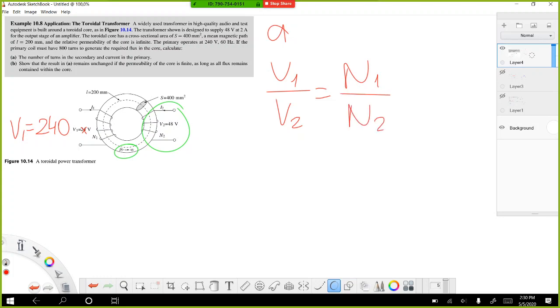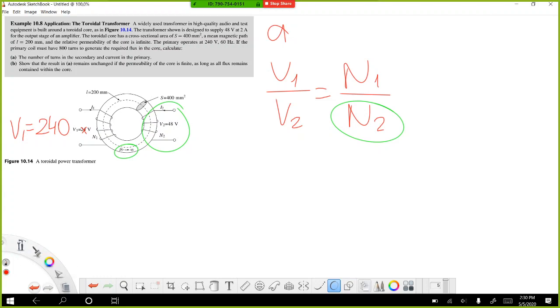From this ratio we can clearly find N2, which is N1 multiplied by V2 over V1.